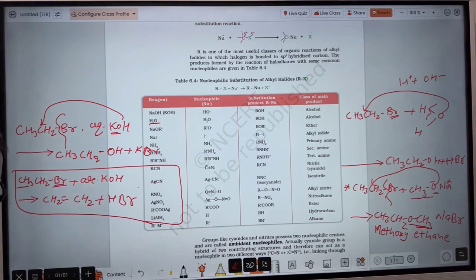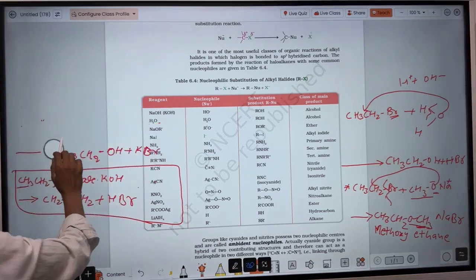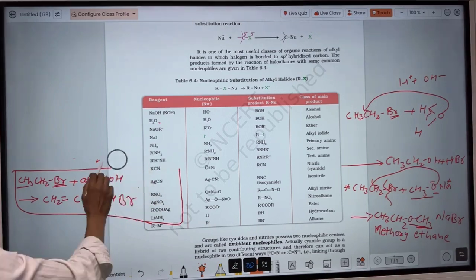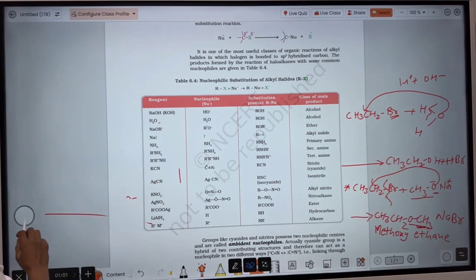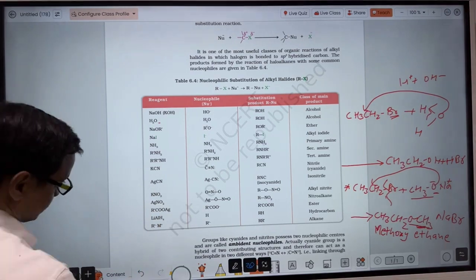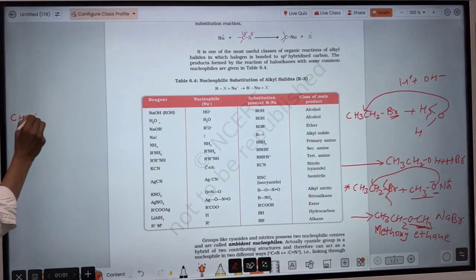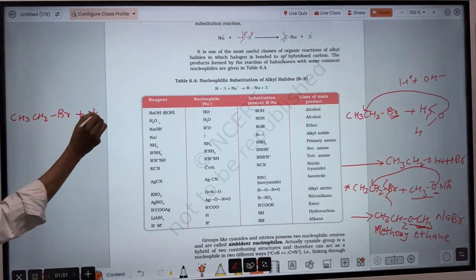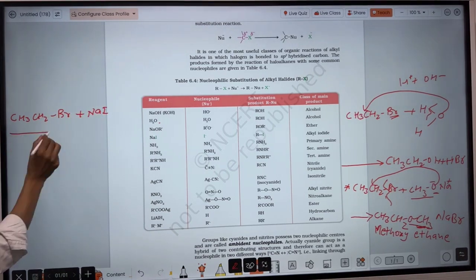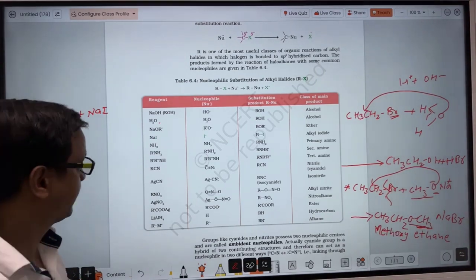Now let's see the next reaction. What happened here?